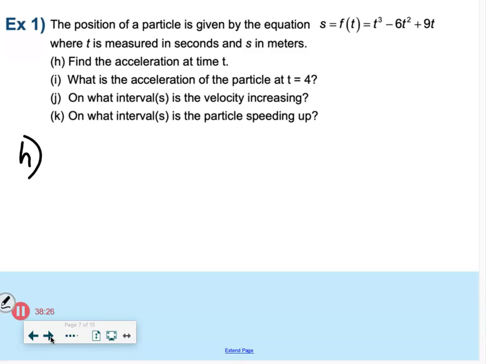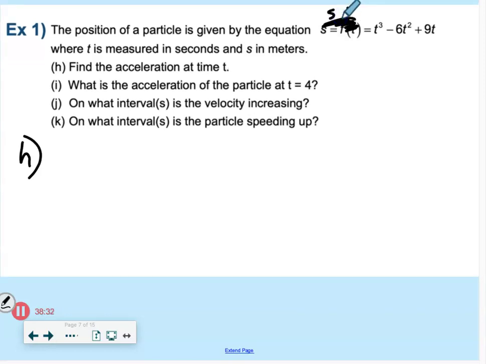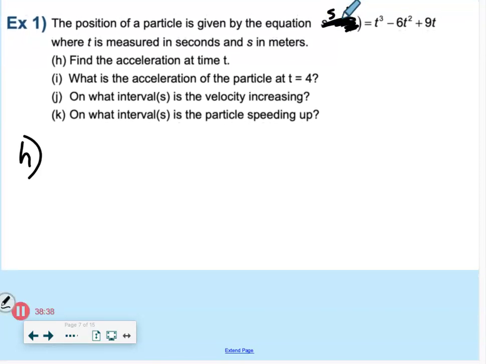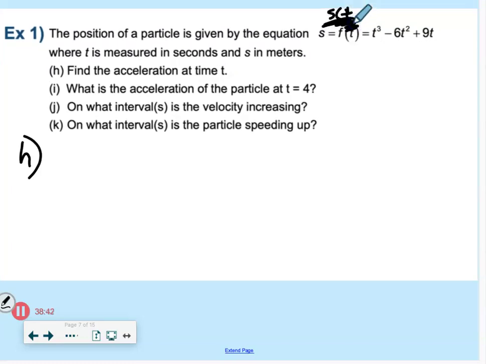What's the acceleration at time t? I'm going to rewrite the velocity. First of all, I'm going to recall this s of t.